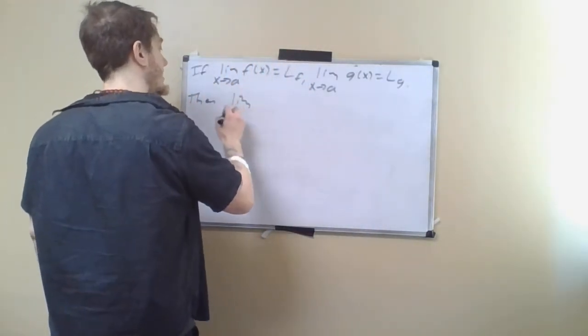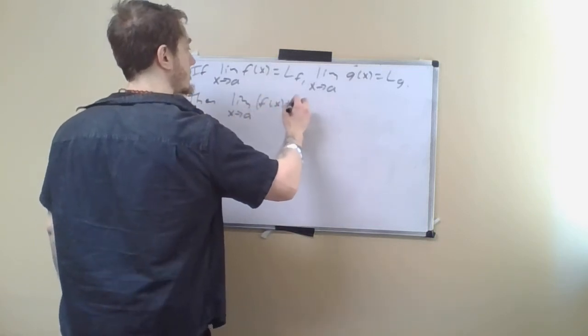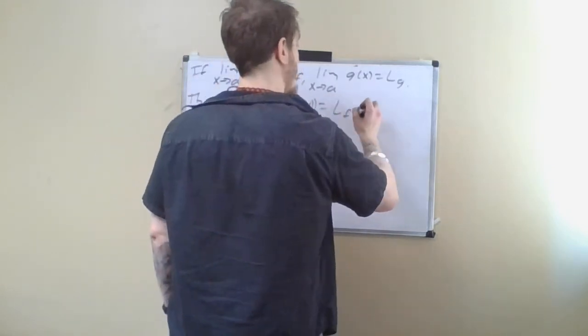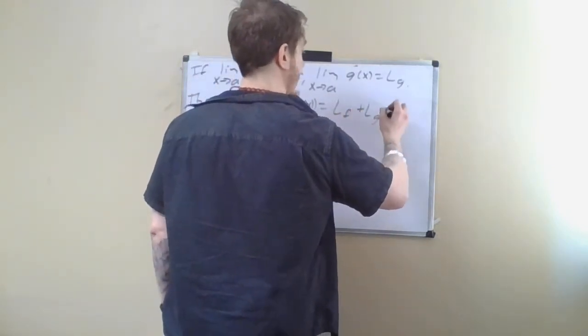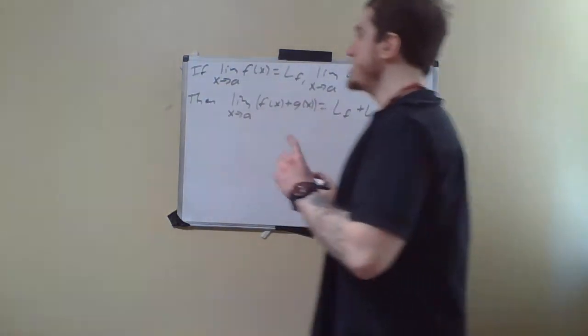Then the limit as x approaches a, f of x plus g of x is equal to L sub f plus L sub g. How do we see that this is true?